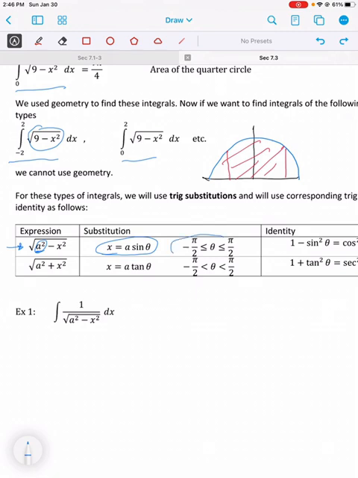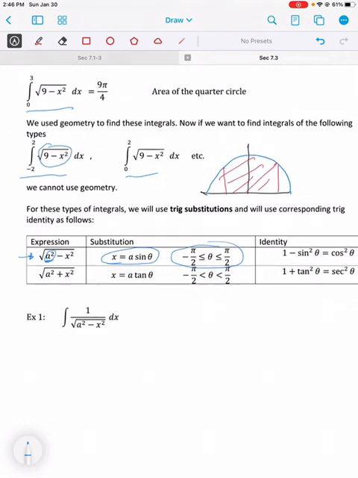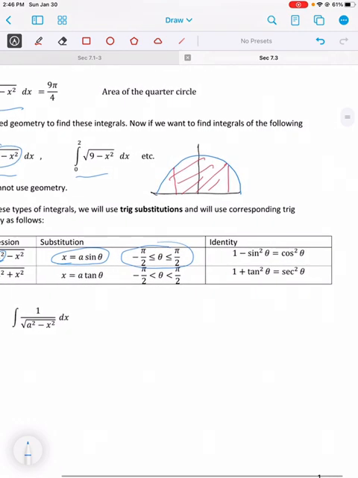And note here that theta is restricted between these values because we will be using the inverse function as well, because from here you can see the sine of theta is equal to x over a, and theta will be equal to sine inverse of x over a. So that's why we have to restrict theta between minus pi over 2 and pi over 2.